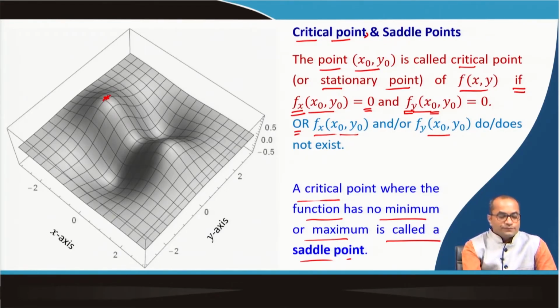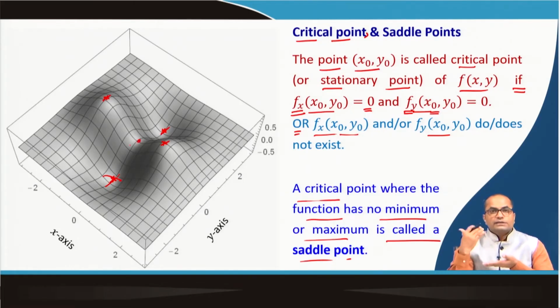Here this is also a critical point, here also there will be a critical point, because with respect to x and with respect to y the derivative will be 0. Here also there will be a critical point, and there is a point here as well where the derivative with respect to x and the derivative with respect to y vanish.